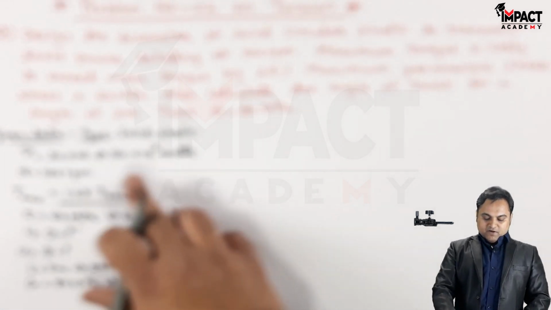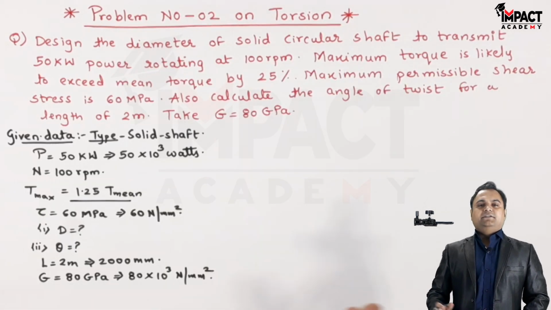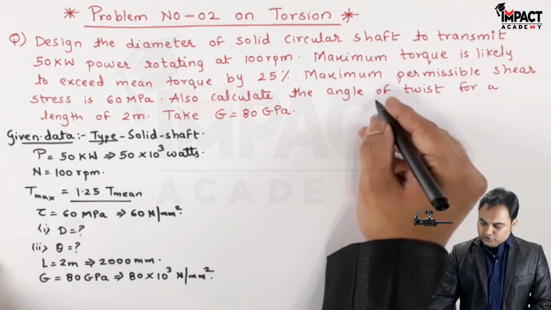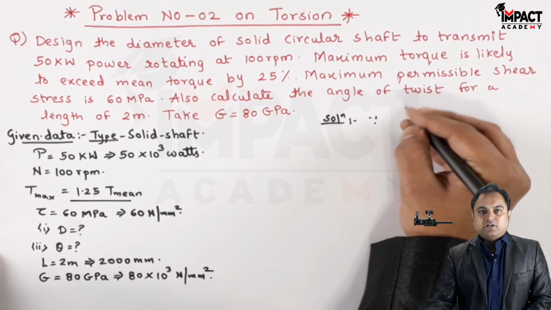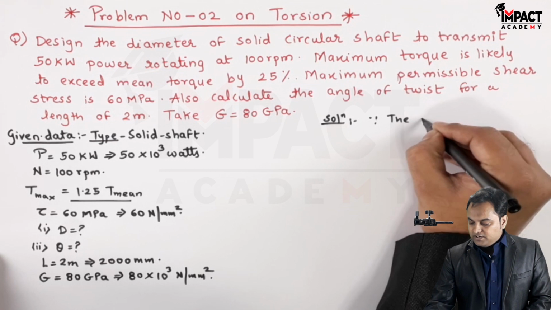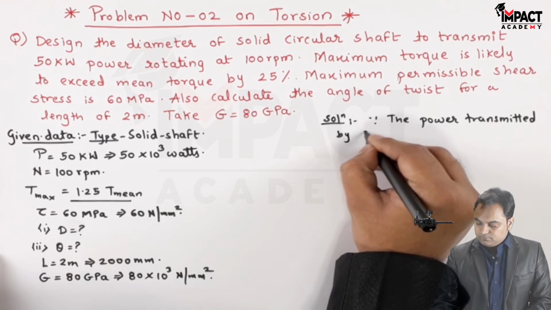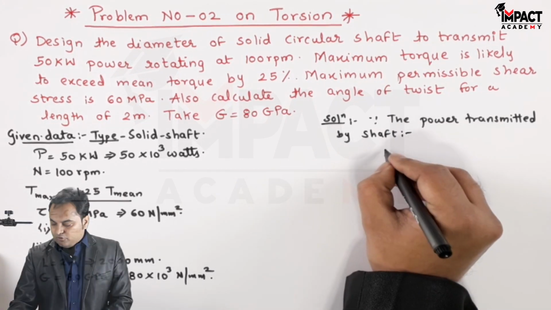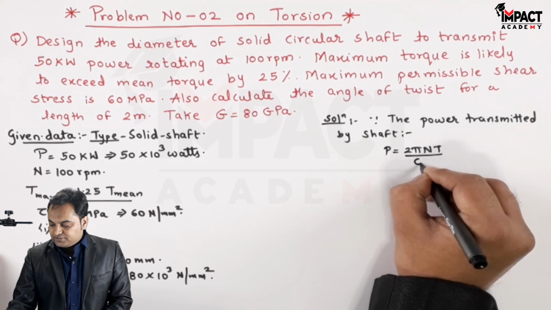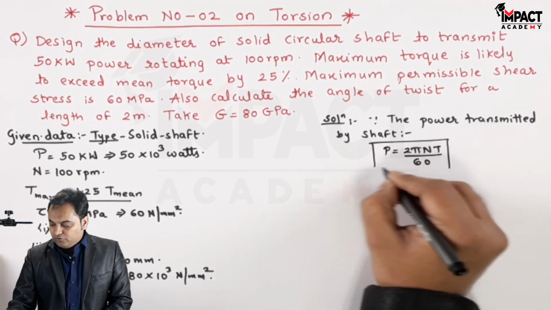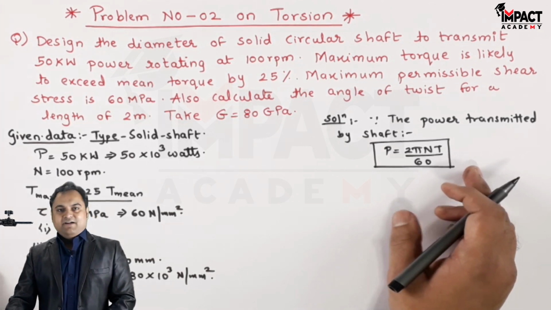Now, since power and RPM are given, I'll use the formula of power and get the value of torque. So in the solution part, the power transmitted by the shaft is given by the formula P is equal to 2 pi NT upon 60, and in the formula of power, the torque is the mean or average torque.